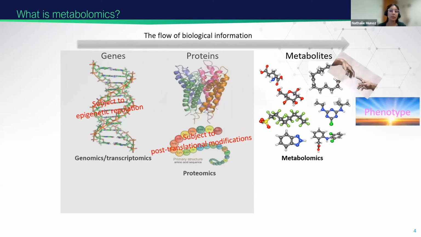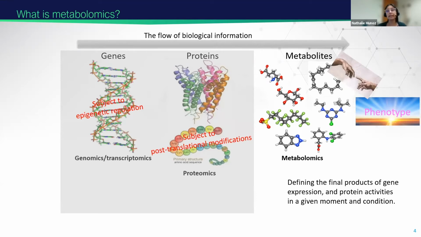Genotype indicates what might happen, while metabolomics indicates what is happening. So the metabolome as a whole defines the final products of gene expression and protein activities at a given moment and condition. This is one of the reasons that this approach has been adopted widely in clinical diagnostics.